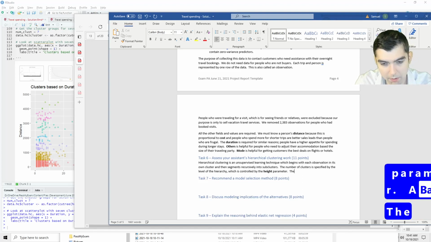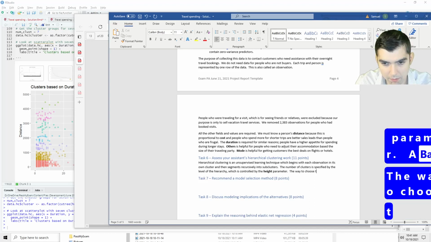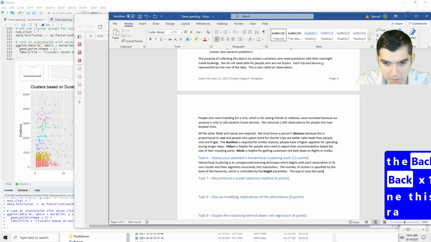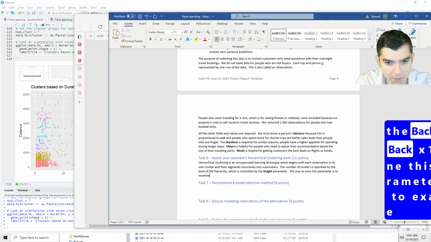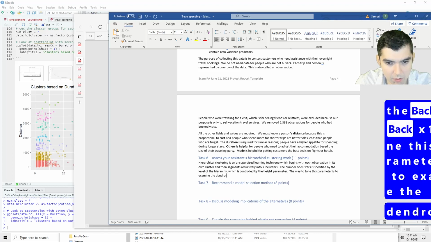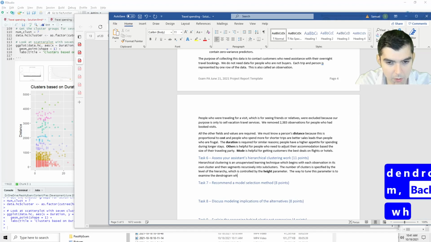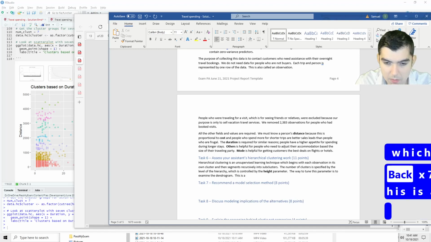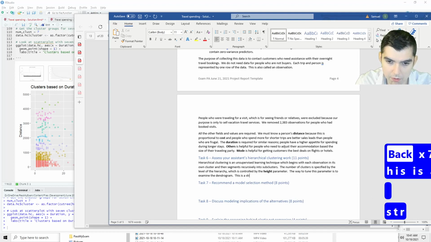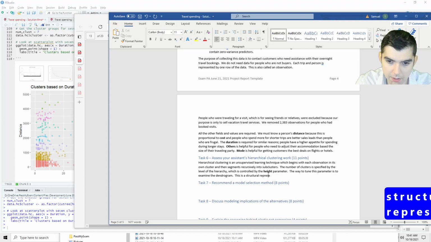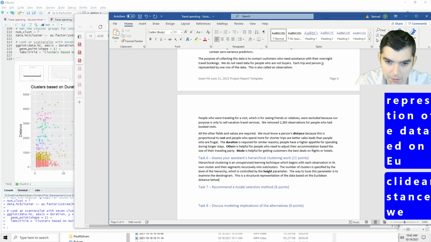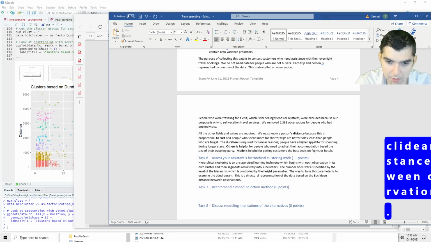The way to choose the height, the way to tune this parameter, is to examine the dendrogram, which is a structural representation of the data based on the Euclidean distance between point observations.